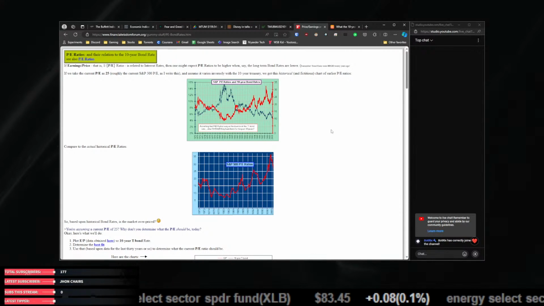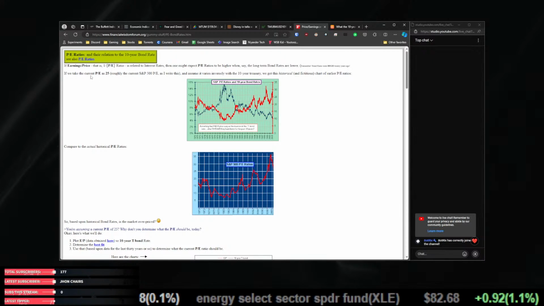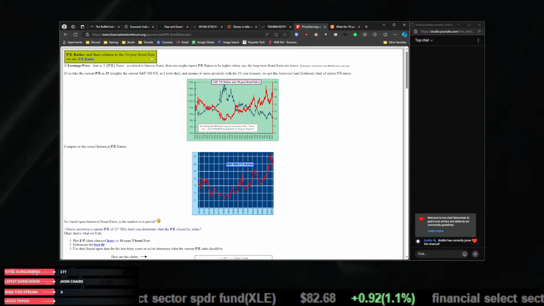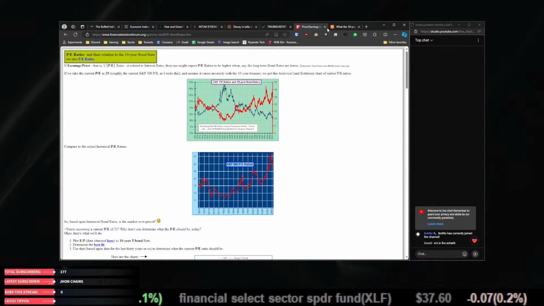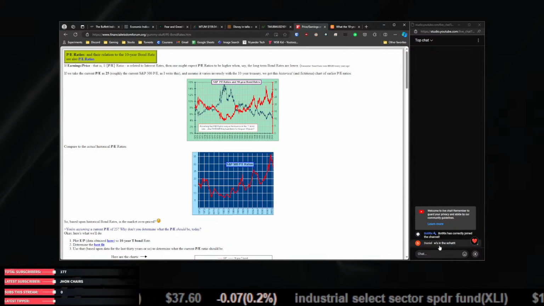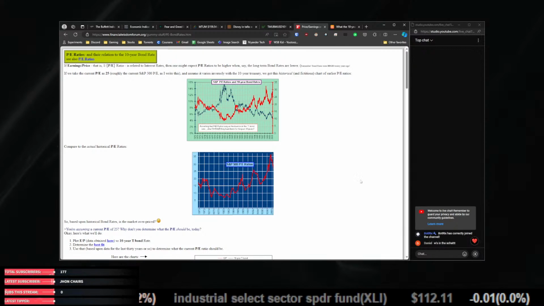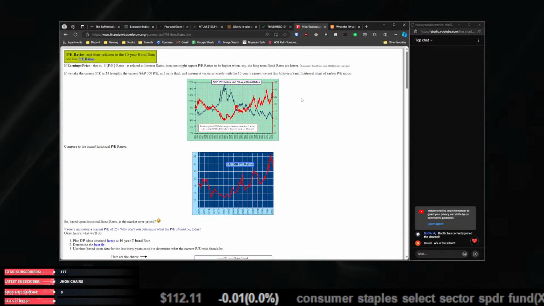Now here's something that I see a lot of people not using correctly: a lot of people don't know that you can compare bond rates with PE ratios. Let's say you have a stock and its PE ratio is 17.